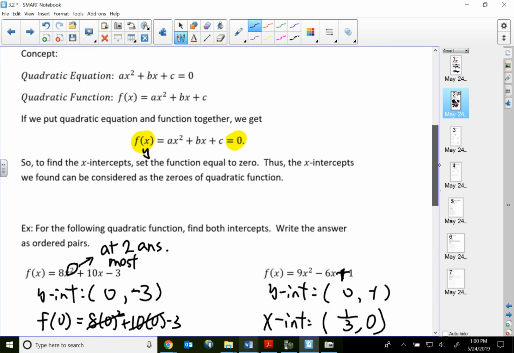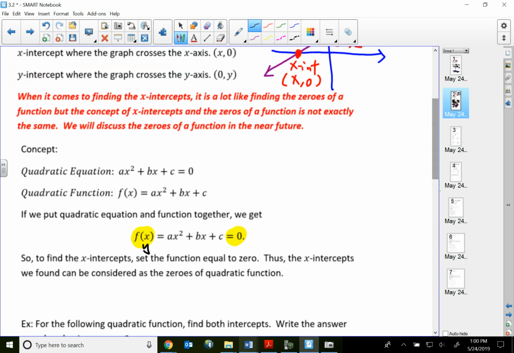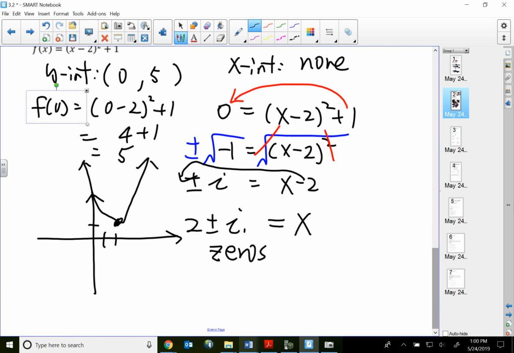That's why up here I mentioned that the concept of x-intercept and zeros is not quite exactly the same, because I can end up with a function that doesn't have any x-intercept, but I'm still going to have my 2 zeros for the function.